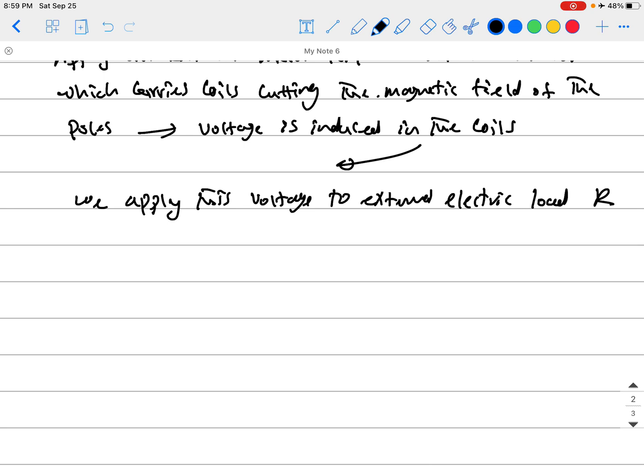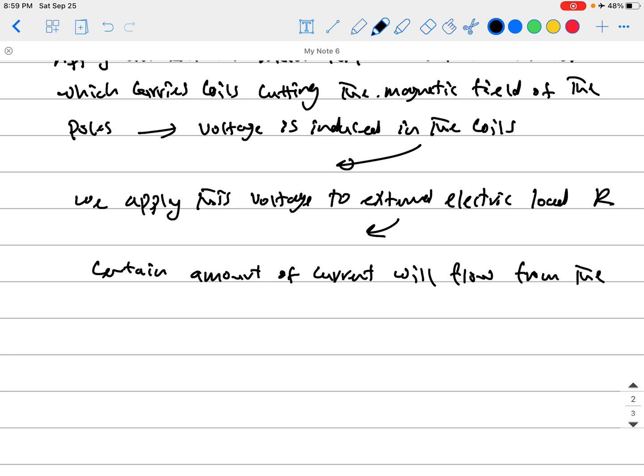Okay, what will happen is that a certain amount of current will flow from the coils to the load, and that is what we need from a generator.